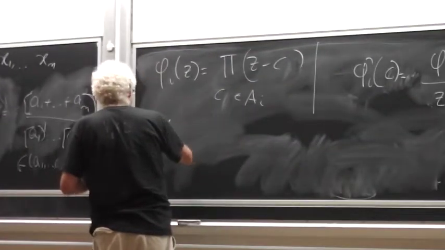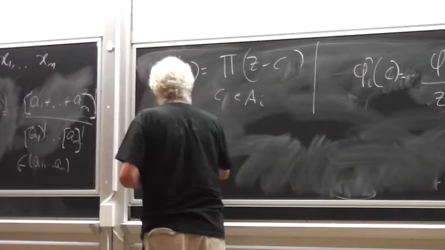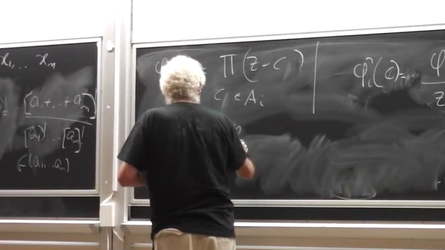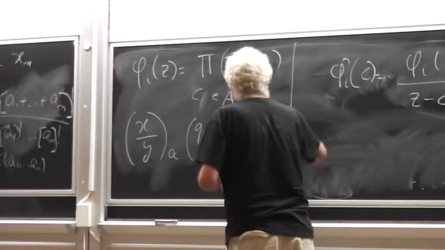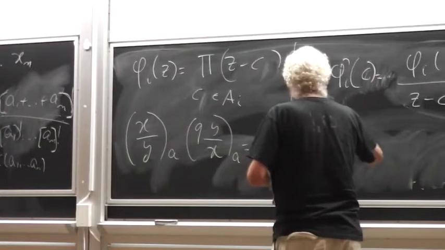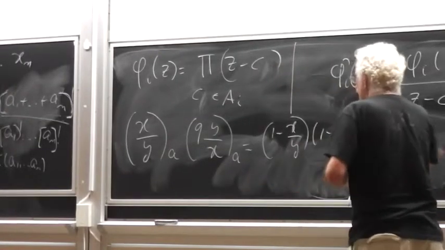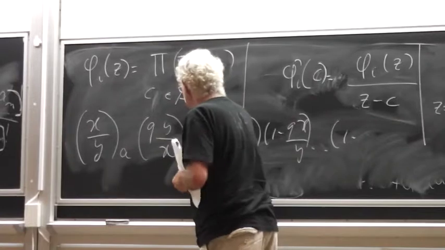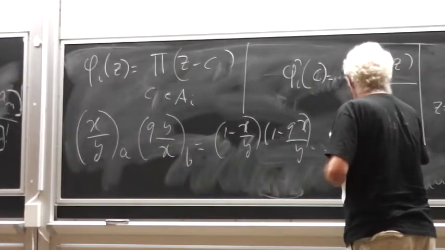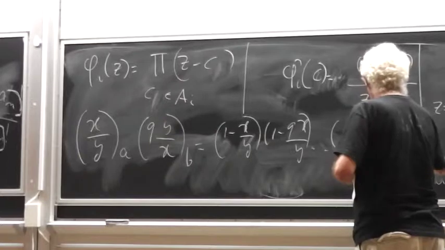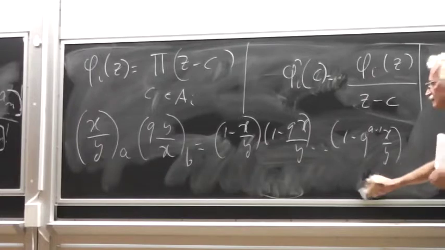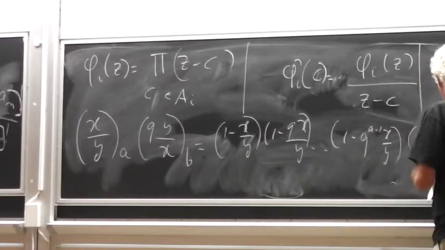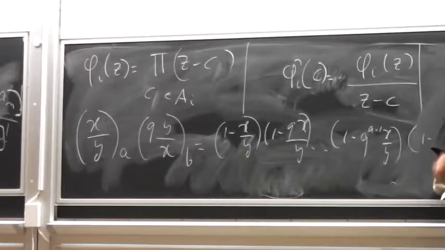Reminding you, the product over i<j of (1 minus q^k x_i over x_j) is a Laurent polynomial in x and y. Spelling out: 1 minus q x over y, up to 1 minus q to the power a minus 1 x over y, times 1 minus q y over x, up to 1 minus q to the power b y over x.